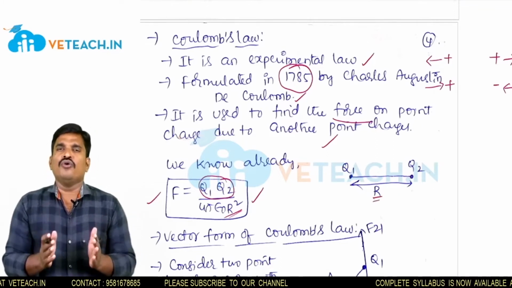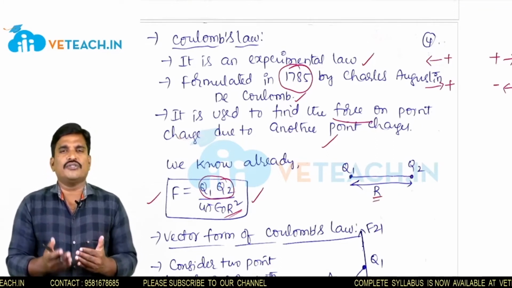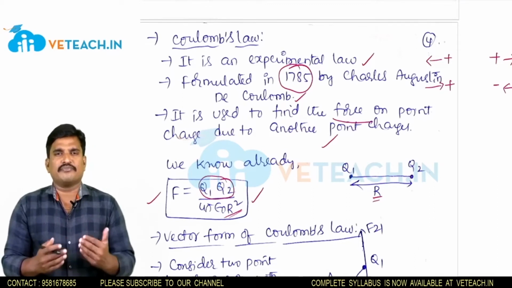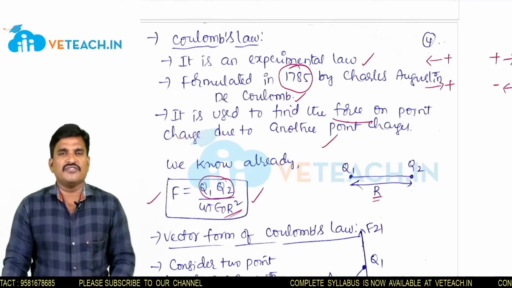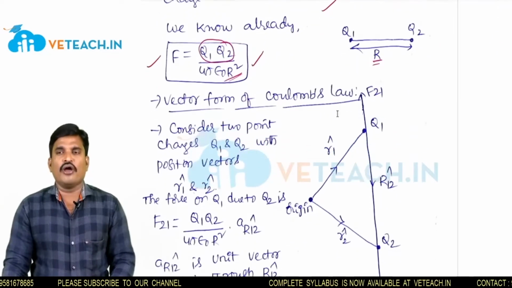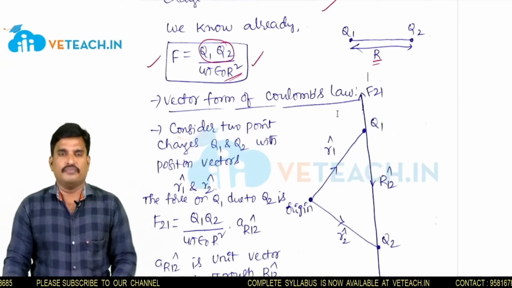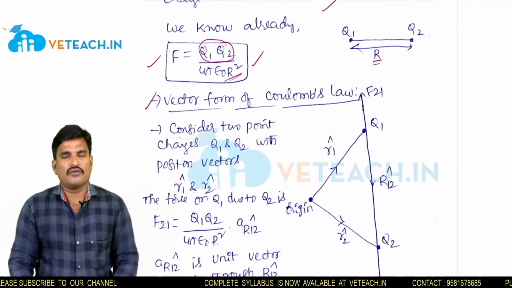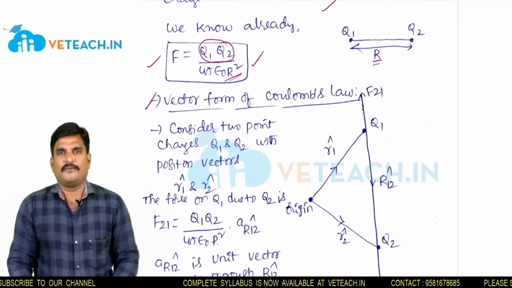Up to now, this is the very basic part of Coulomb's law, but in our subject it is very important to know the vector form. That is very important for the exam.